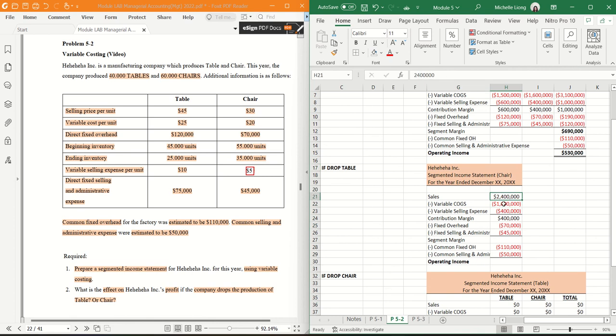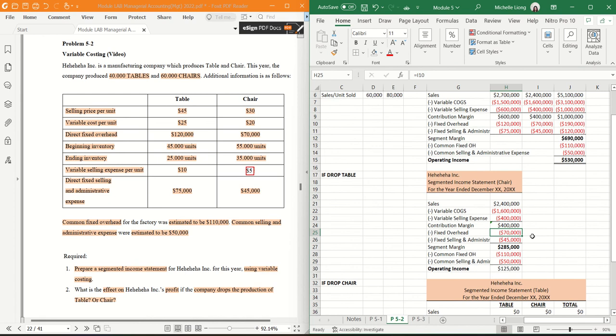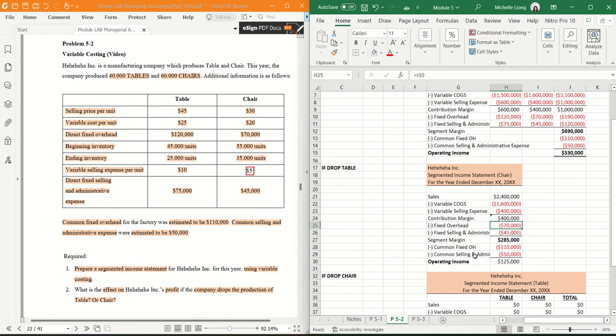So just select this from here. Oh sorry. Then your command fixes this. Yep. So this is your income if you drop the table.